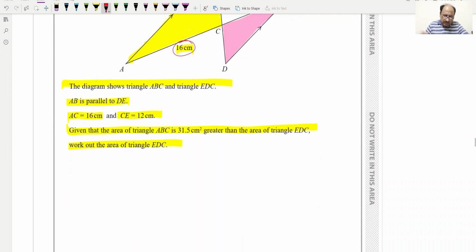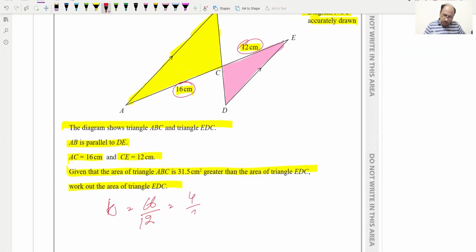So we can write k value will be equal to 16 over 12, which is equal to 4 over 3, and k square, if we take it for the area, will be equal to 16 over 9. So this will be for k square.